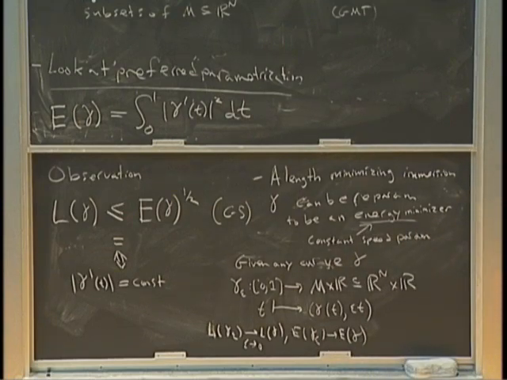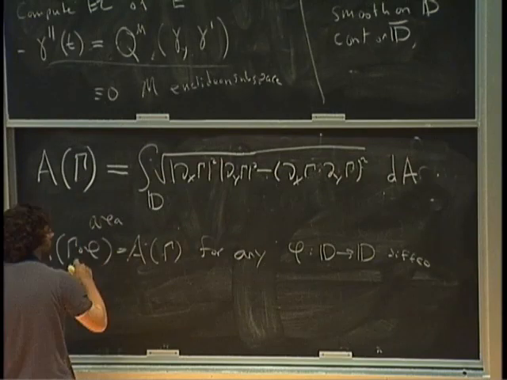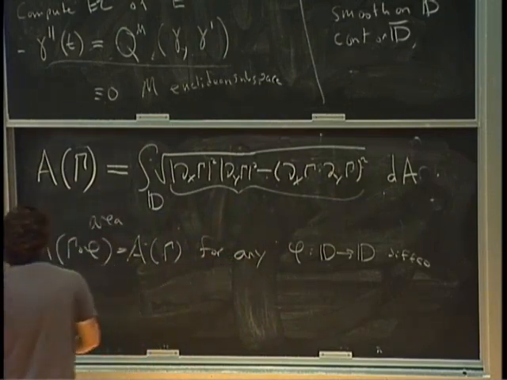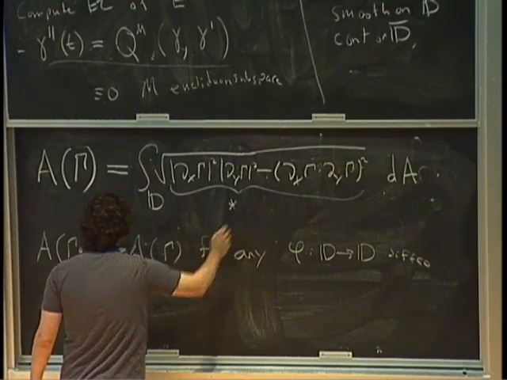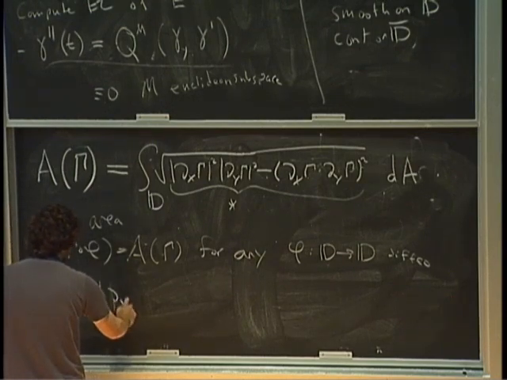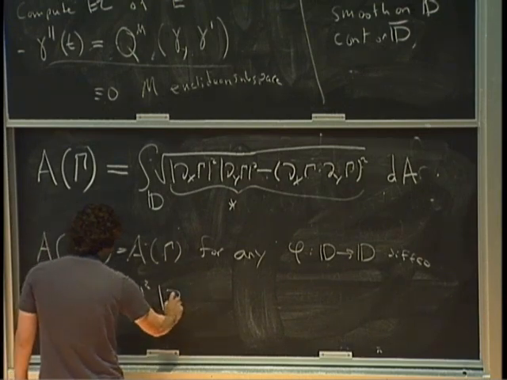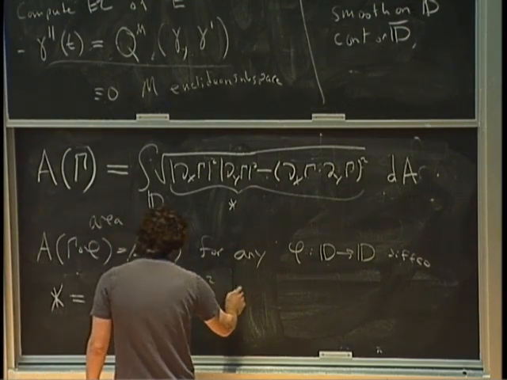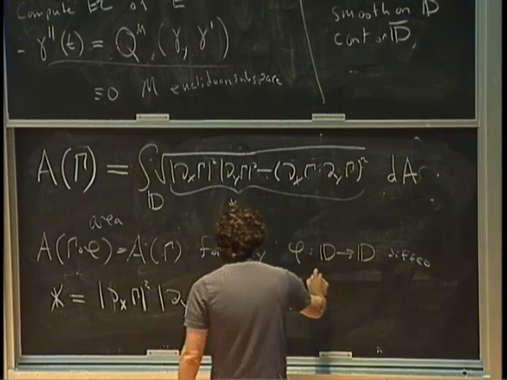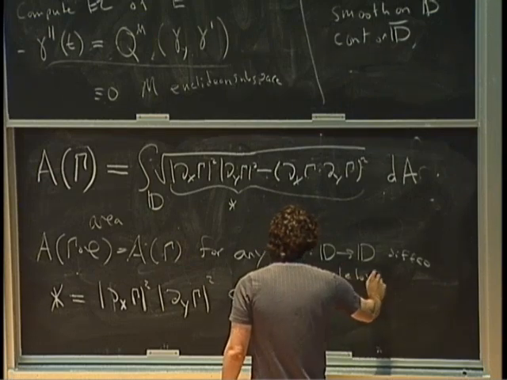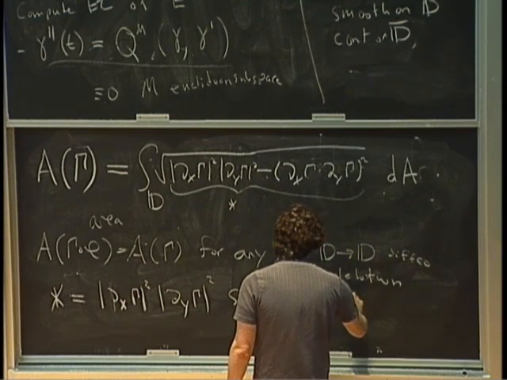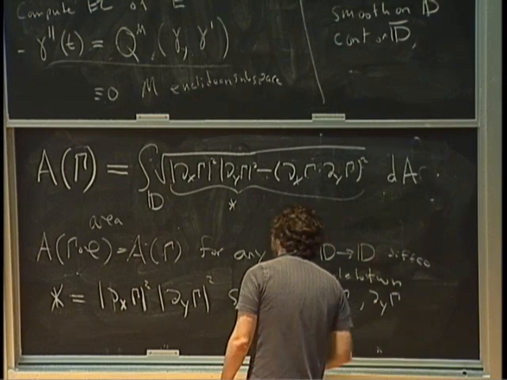So here one makes the following observation. If you take this expression and rewrite it, this expression star is the same as the length of the partial derivative of gamma squared times the length of the other partial derivative of gamma squared, times sine squared theta, where theta is the angle between del x gamma and del y gamma.